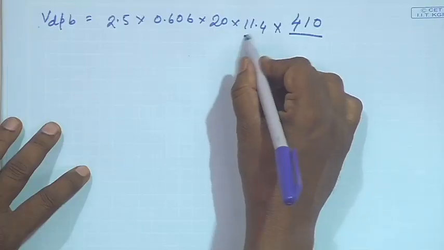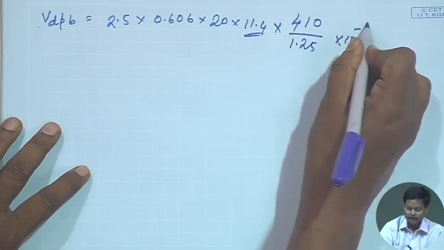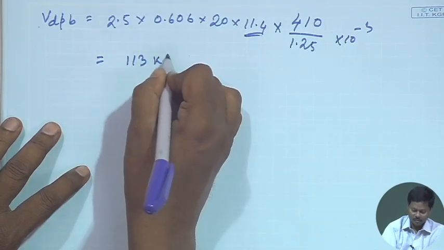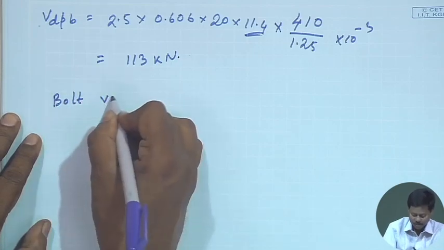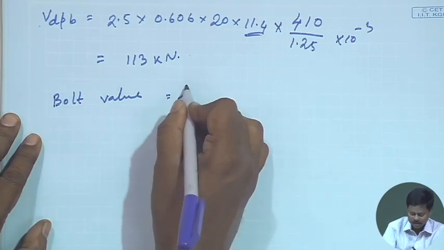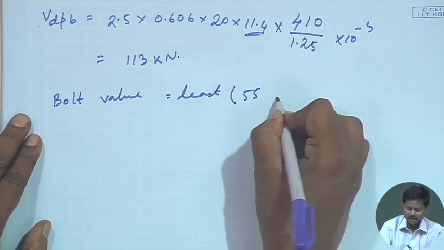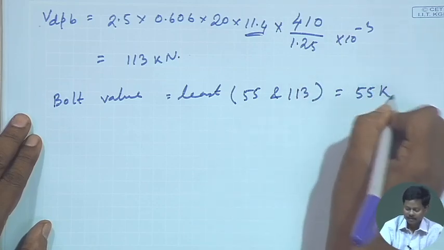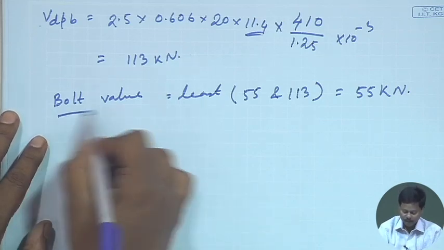Now, if we put these values, we get 113 kilonewton. So, the bolt value is the lesser of bearing and shearing. Shearing is 55 and bearing is 113, so it will be 55 kilonewton. So, we could get the bolt value.